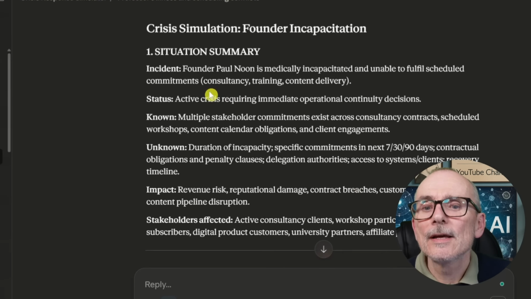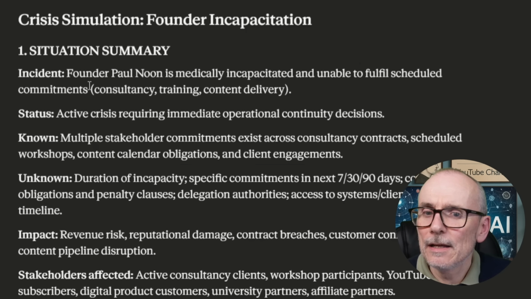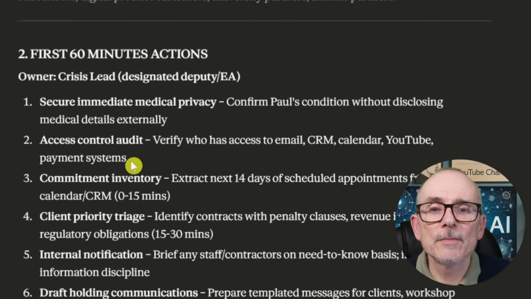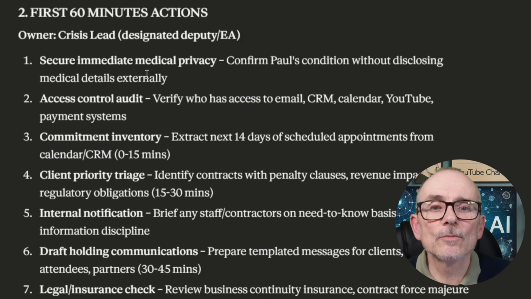So here we go. The incident, I'm ill, almost never happens, and active crisis requiring immediate operational continuity decisions, multiple stakeholder commitments, impact, first 60 minutes of action, secure immediate medical privacy. So confirming my condition without disclosing the details, access control audit, verify who has access to emails, CRM, calendar, YouTube payment system, etc. Commitment inventory, extract the next.